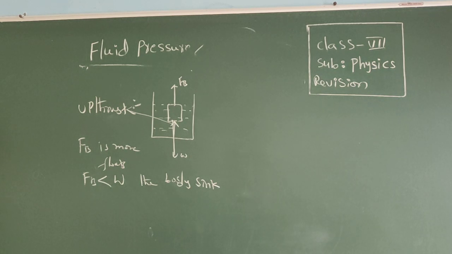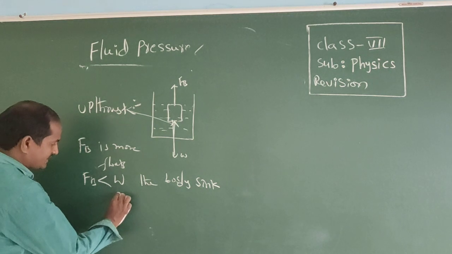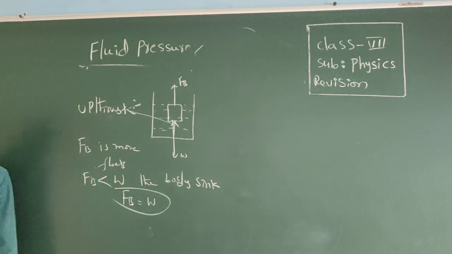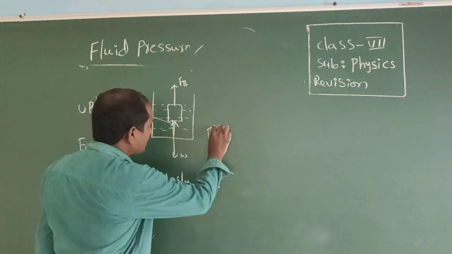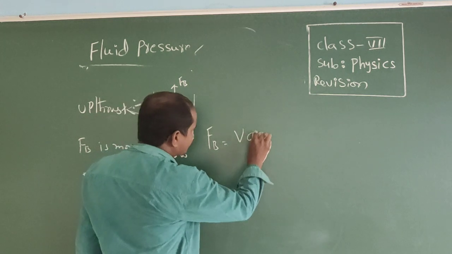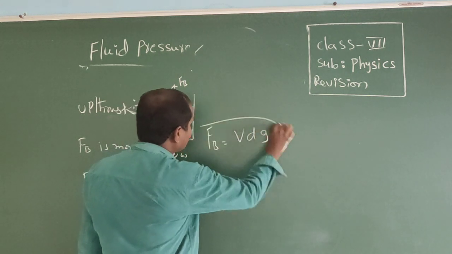Here upthrust equals FB, which equals the weight of the liquid displaced. Buoyant force equals volume of the body displaced into density of the liquid into acceleration due to gravity.